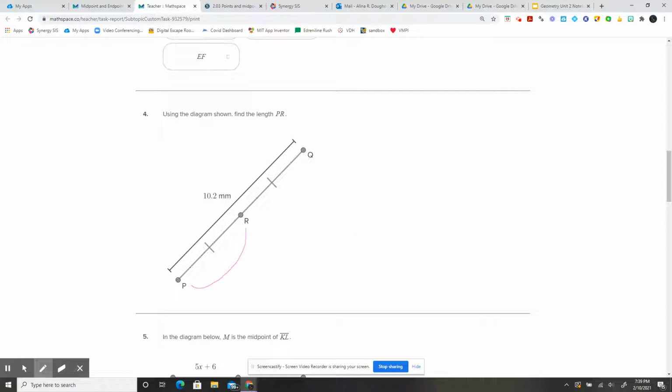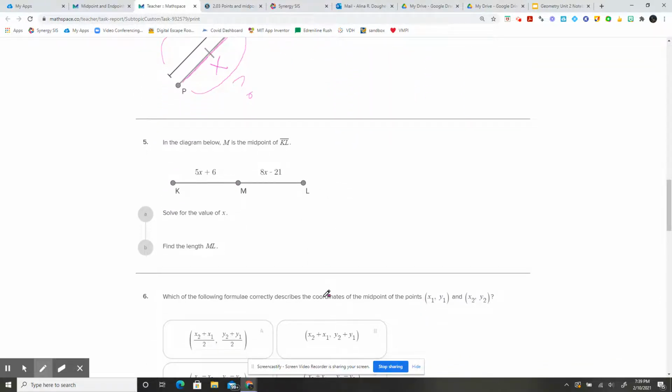So this is our question mark, that's our X. If the entire distance all the way across that total is 10.2, and these two things are equal to each other, then your equation is going to be 2x equals 10.2, or the part plus the part equals the total, or the half plus the half equals the total. So that's how I got 2x. That's this x, P to R, plus this x, R to Q. And then you just solve your equation.